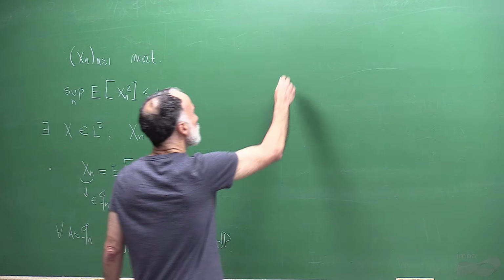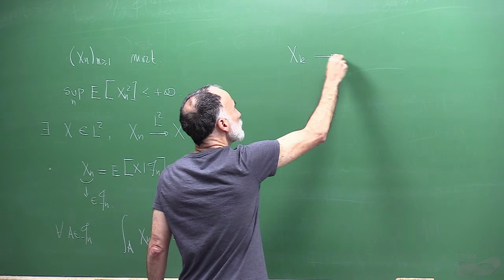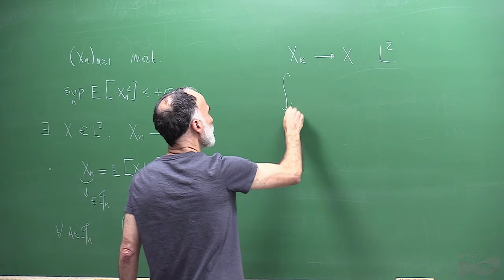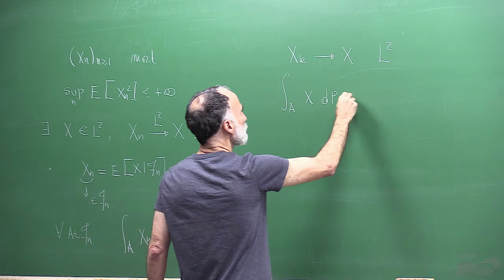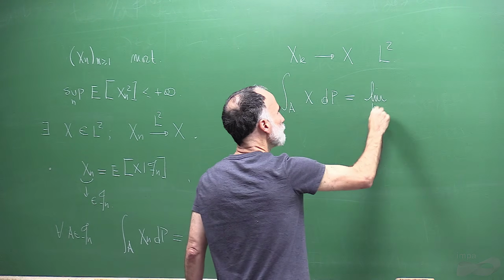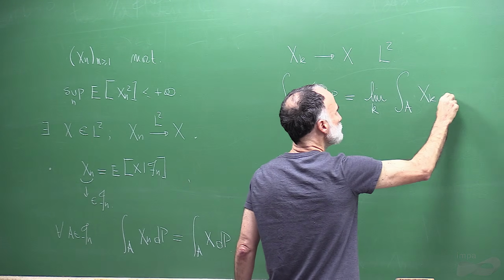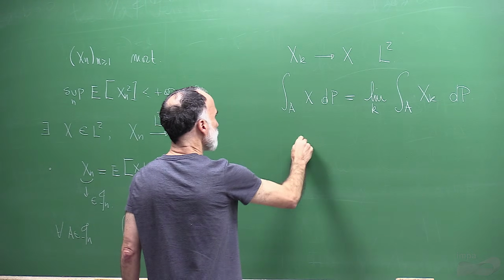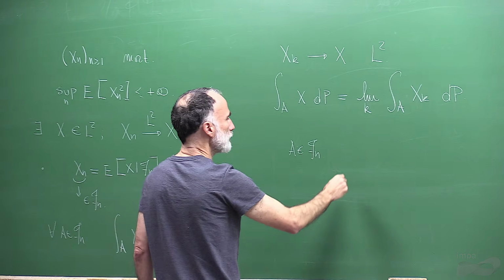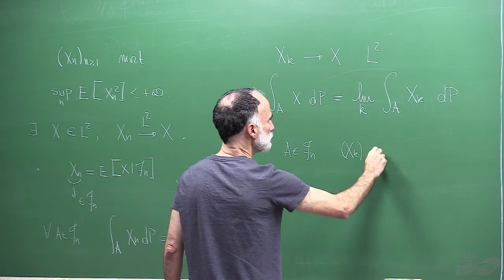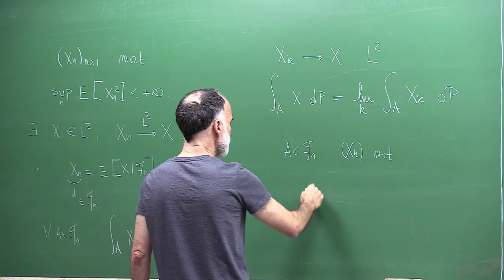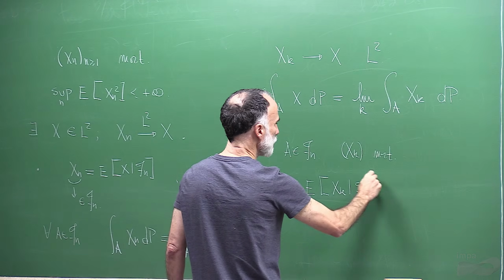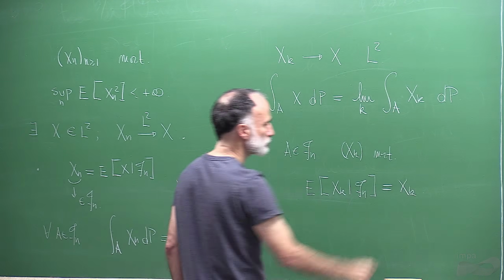Well, you know that xk is converging to x in L2. So you know that the integral over A of x dP is equal to the limit in k of the integral over A of xk dP. On the other hand, since A belongs to Fn and xn is a martingale, you know that the conditional expectation of xk given Fn is equal to xn.